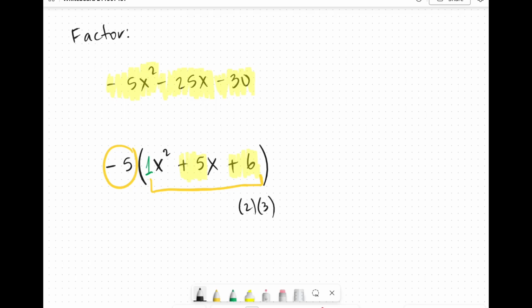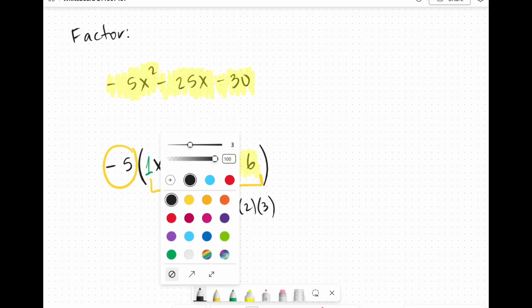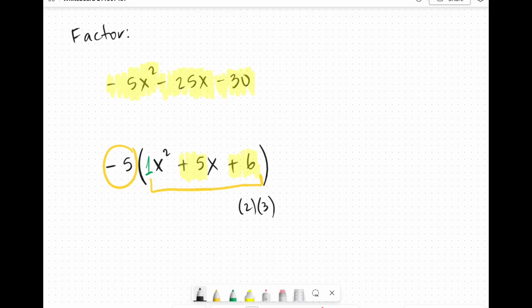So the big set of parentheses will break down into two smaller sets, (x plus 2)(x plus 3), and then you're going to bring that negative 5 to the front and leave it there. So be mindful, if you can take the GCF out, always do, and then check if you can factor what's inside of the parentheses even further.